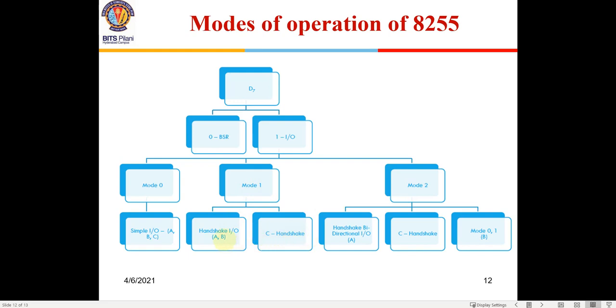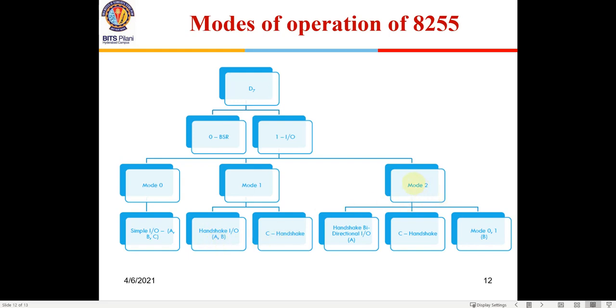The upper portion will be used by port A, and the lower portion of the C port will be used by B as handshaking signals. When configured for mode 1 operation, the ports will have a total of 12 pins. The original 8 pins will be used for data transfer, and the additional 4 pins which they get from port C will be used for handshaking.